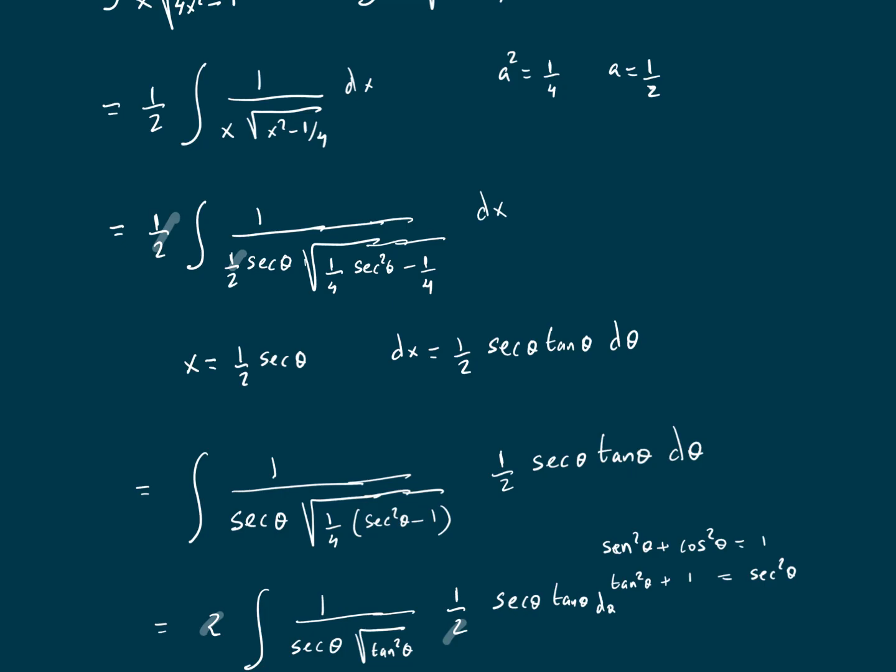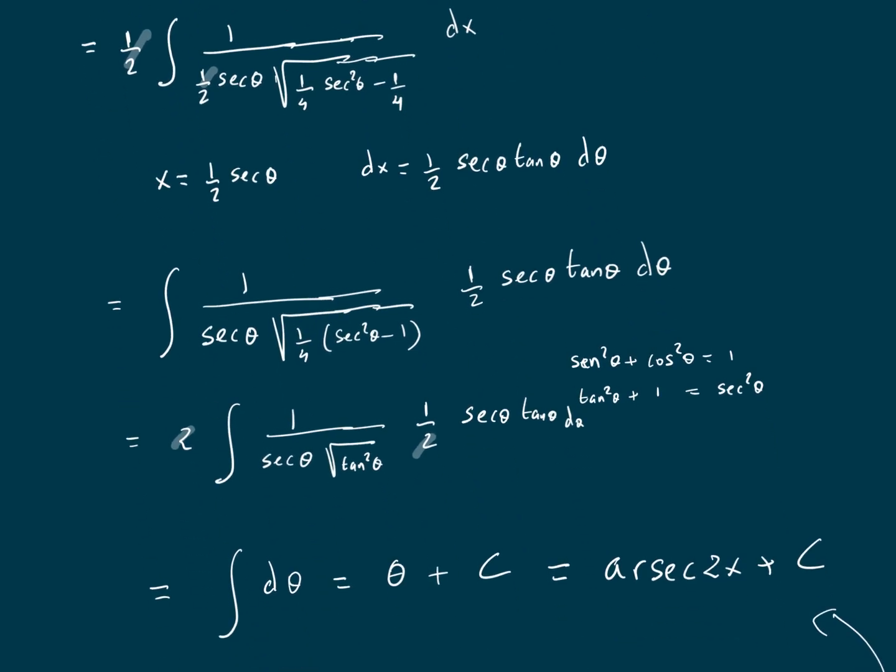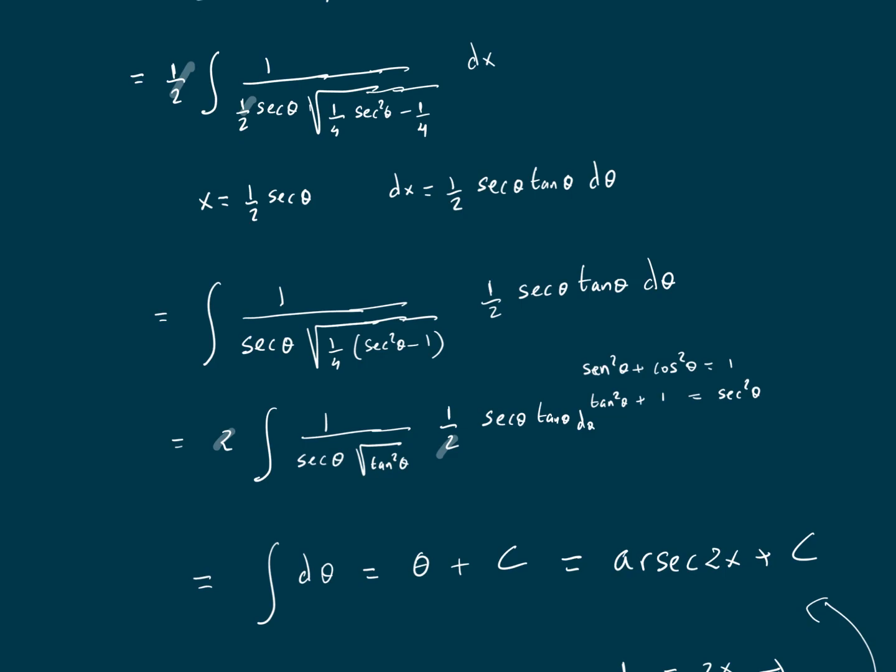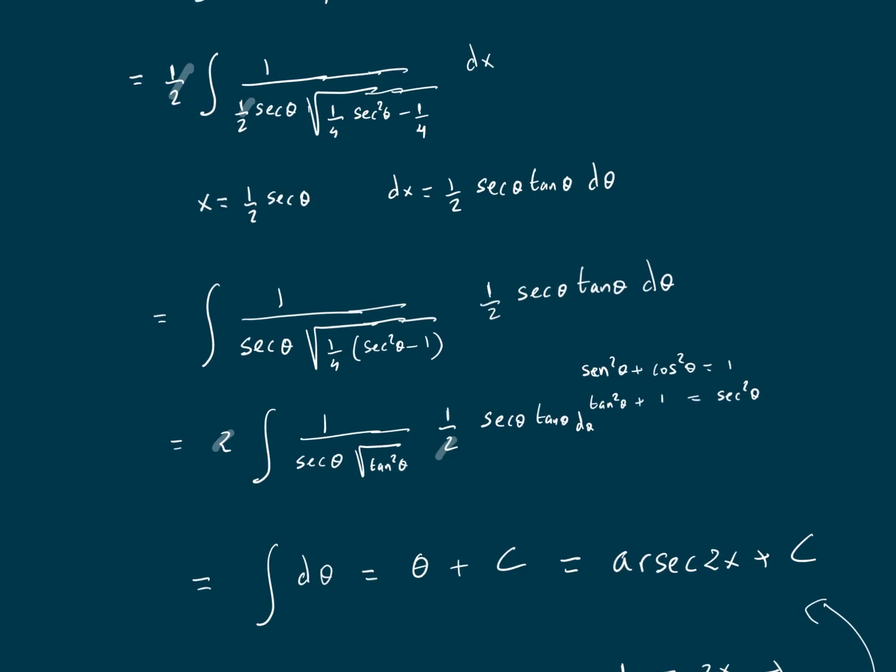So now the magic of this trigonometric substitution will appear, and what will happen is that secant square of theta minus 1, if you remember, if you divide the fundamental trigonometric relation by cosine square of theta, you will find tangent square of theta plus 1 equal to 1 divided by cosine square of theta, which is secant square of theta.